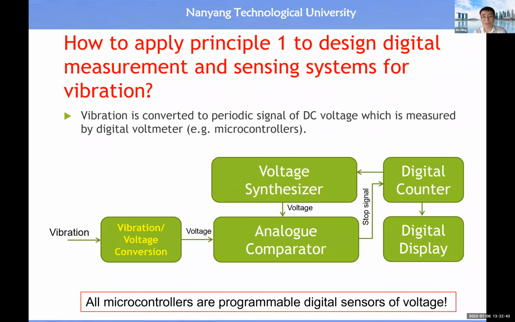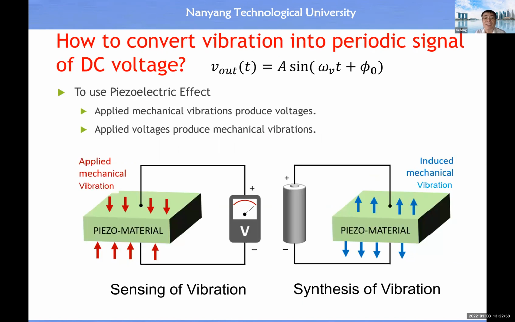By now every one of you should understand that all microcontrollers are programmable digital sensors of DC voltage, right? Then you may want to know how to convert vibration into voltage. We just apply the piezoelectric effect, right?